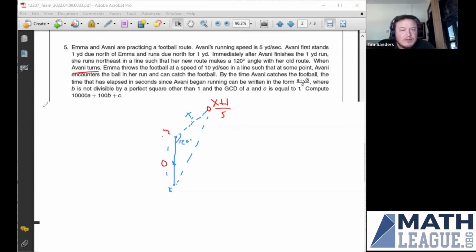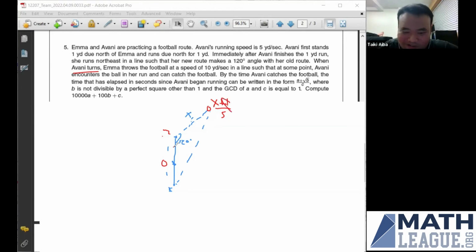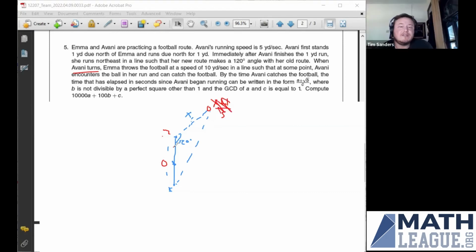So this 1 second here is irrelevant, right? Pretty much. We don't even need that 1 second. What we need to say is the amount of time it's going to take to get to this point. Avani is running a total of x yards, which means the time it takes is x over 5.